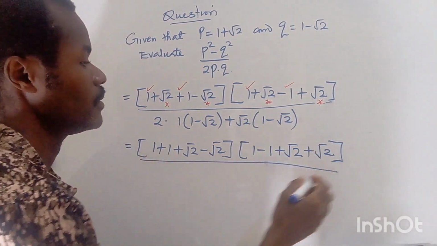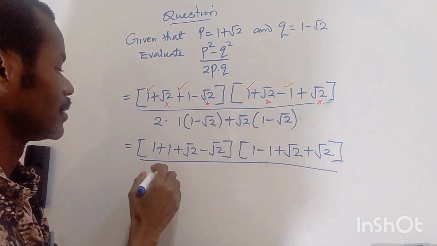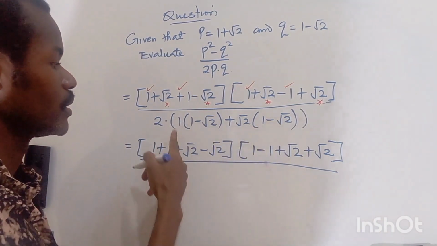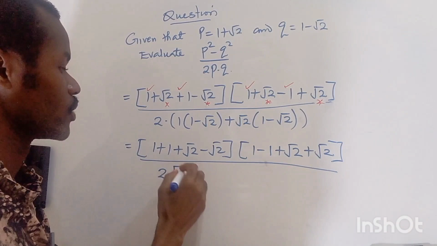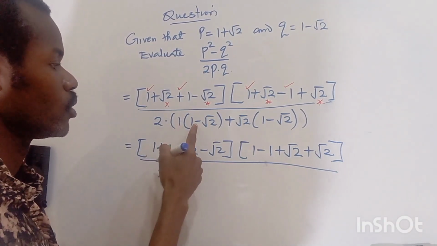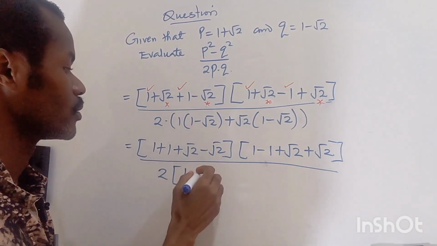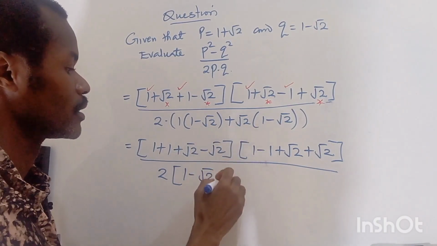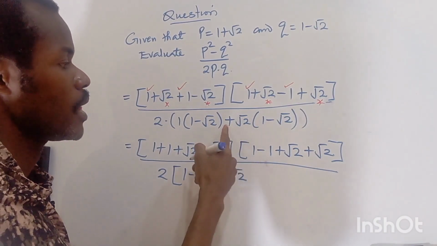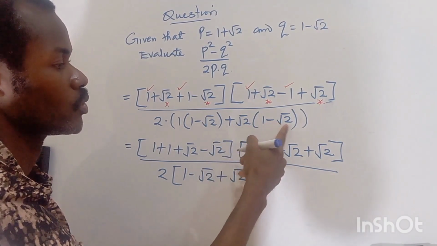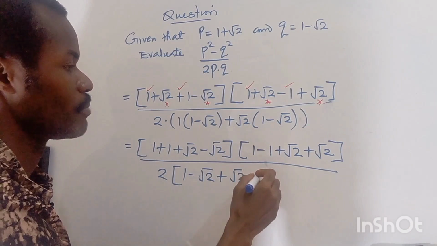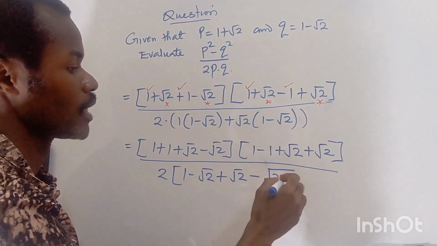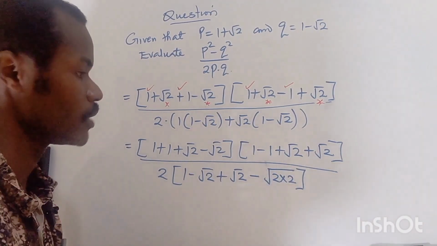So all divided by, we are going to open this, so we have 2. Let's simply open all this. 1 times 1 is 1, 1 times minus root 2 is minus root 2, plus root 2 times 1 is plus root 2, and plus root 2 times minus root 2: plus times minus is minus. Root 2 times root 2 is going to give us root 4, which is 2.